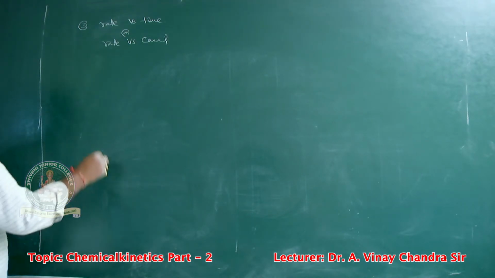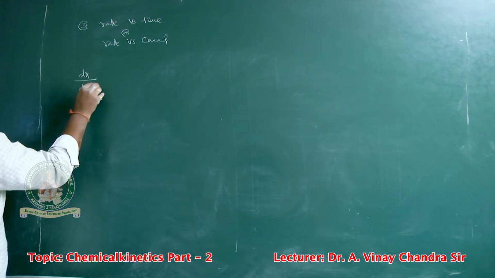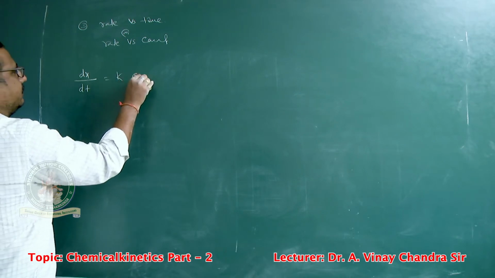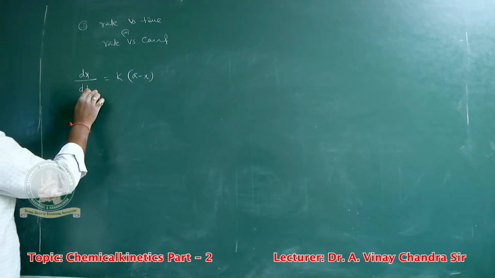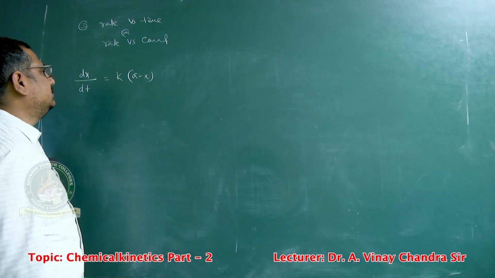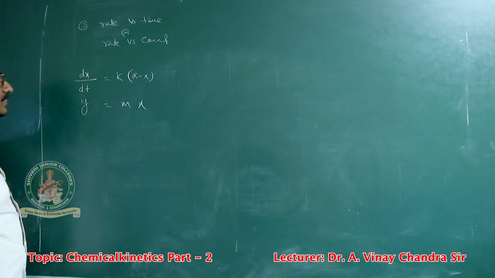Here, rate versus concentration means dx by dt is equal to k into A minus x. This one is the rate of reaction and this one is the concentration. This belongs to the y is equal to mx type.